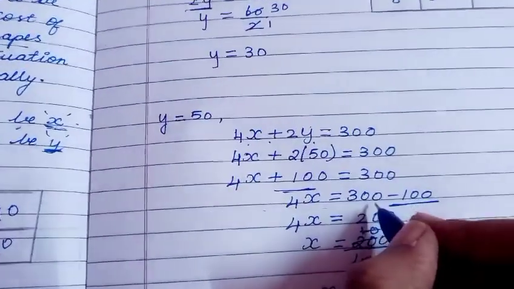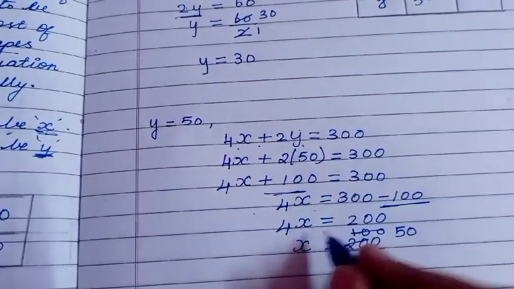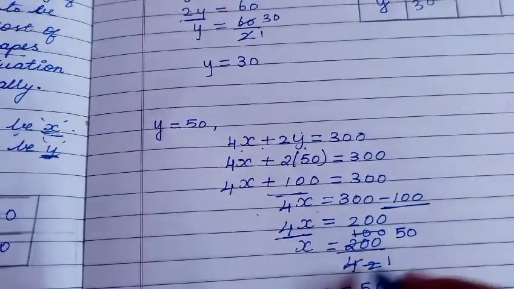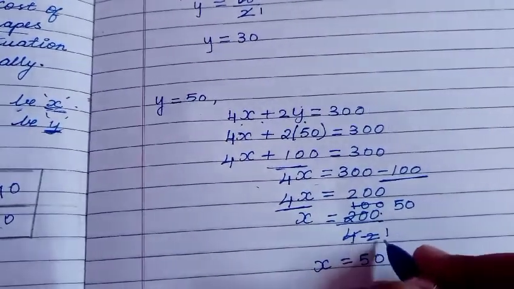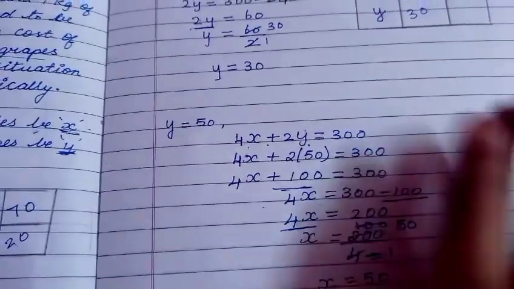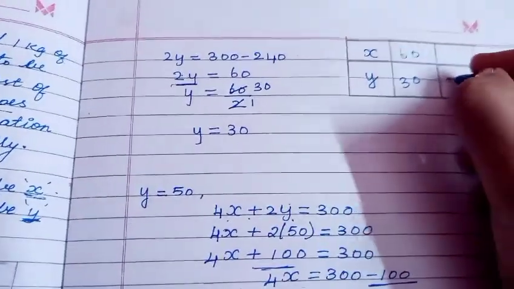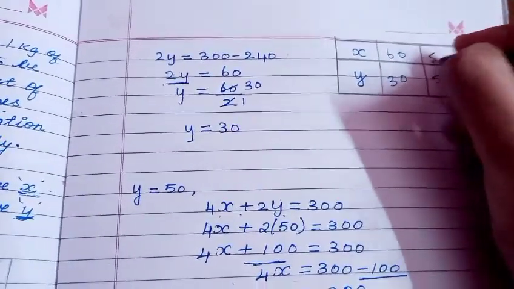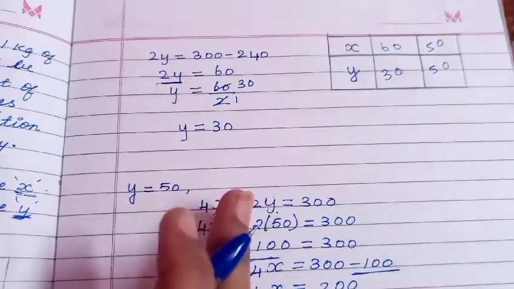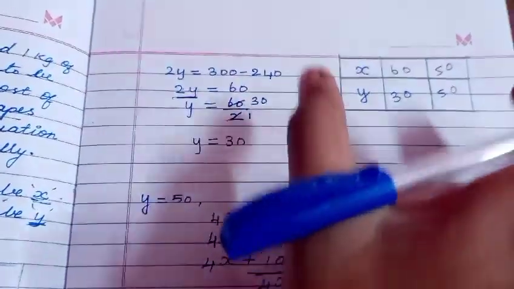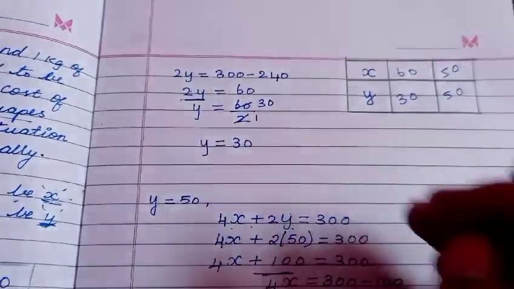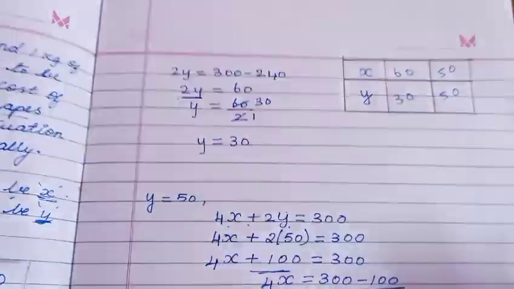When you subtract 100 from 300, you get 200. Now 4 times x, when you transpose it, becomes division. 200 divided by 4 is 50. So x is 50. When I take y as 50, my x is also 50. This is how you form the two equations and find x and y to plot in the graph. So now let us plot these equations in the graph.